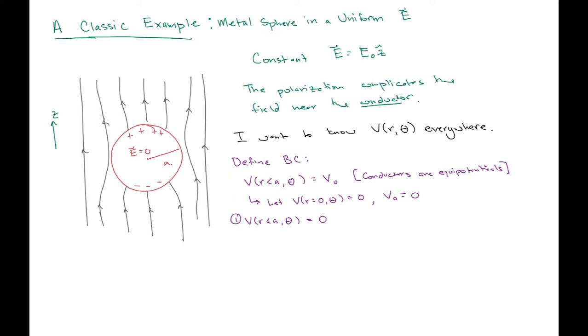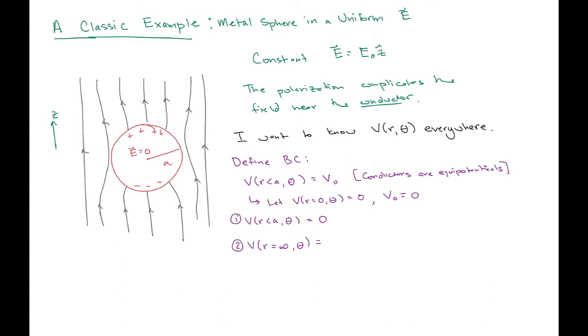Our second boundary condition will take r out to infinity. If I get infinitely far away from the conductor, or really, really far, notice that it doesn't necessarily make sense to say that the potential is equal to 0, because I do have an external electric field.